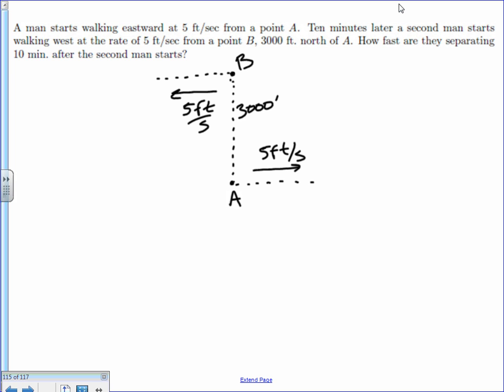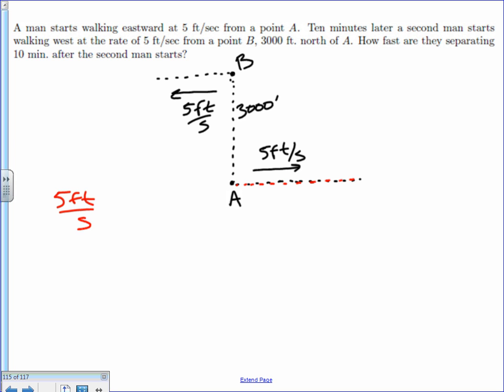So 10 minutes after the second man starts, what else can we figure out in our picture? We can figure out how far these people have traveled. We know how fast they're walking, and we know exactly how long they walked. Man A went 5 feet per second for 20 minutes.